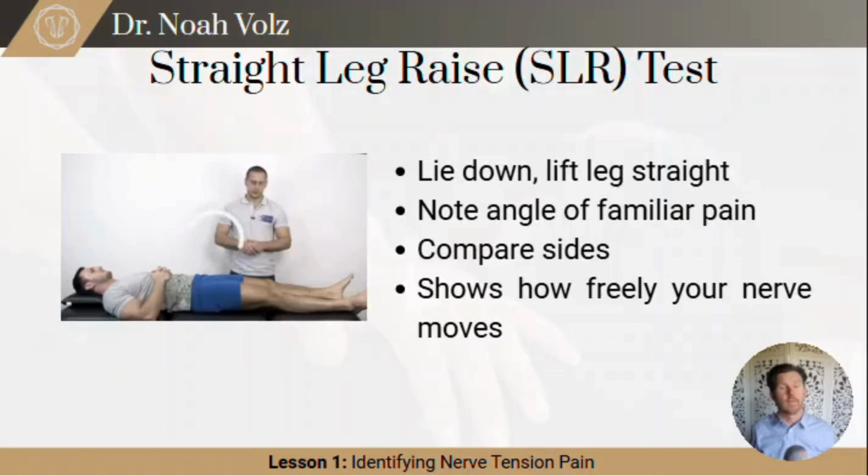We're looking for that familiar discomfort or tension in the back of the leg as you lift the leg up towards the sky. Then you'll want to go to the other side and do this on the other side and compare side to side, figuring out if you have a positive straight leg raise test, which would indicate that you do have nerve tension pain.